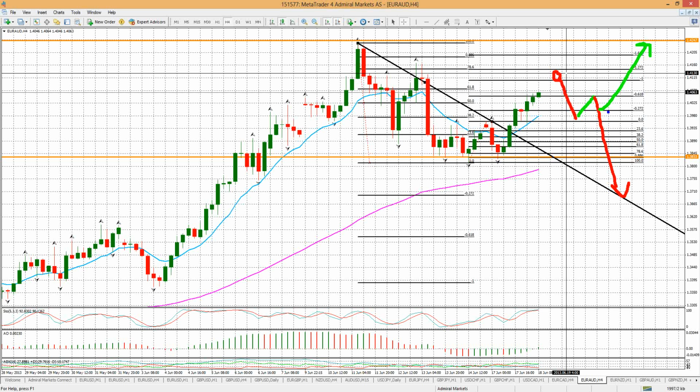So that's a bit of a question mark right in here. But otherwise, something like that is likely, although we could find maybe support even sooner. So that's a bit of a question mark here, which path we get after that move up, but let's see how price responds to that level when it gets there.